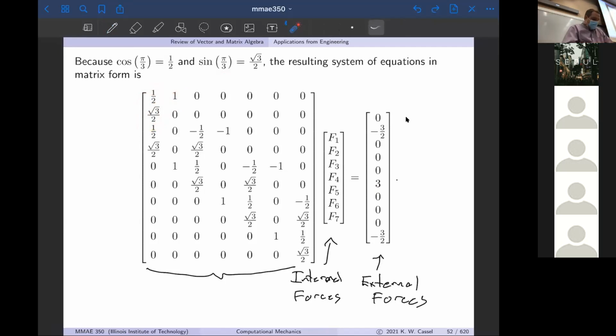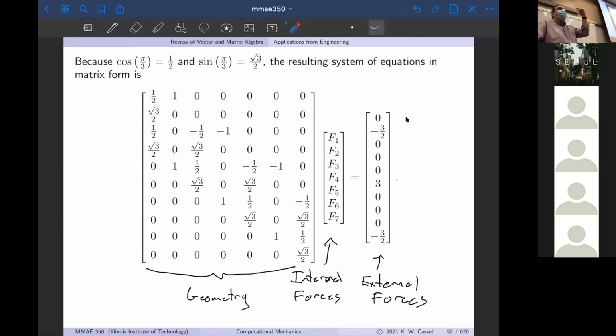That's the geometry. So the matrix A has all the information about the geometry. And this is always how these structures problems go, whether it's trusses or any other kind of structure. The information that goes into the coefficient matrix all has to do with the geometry.